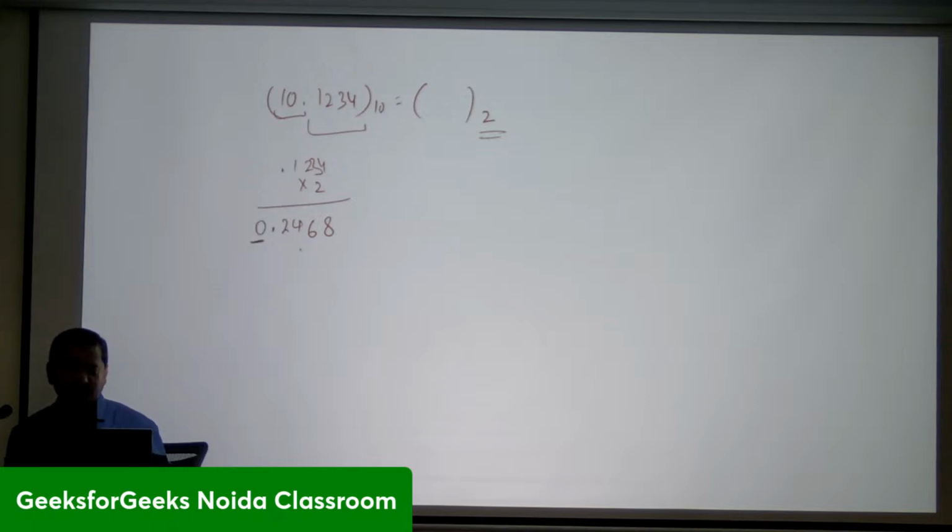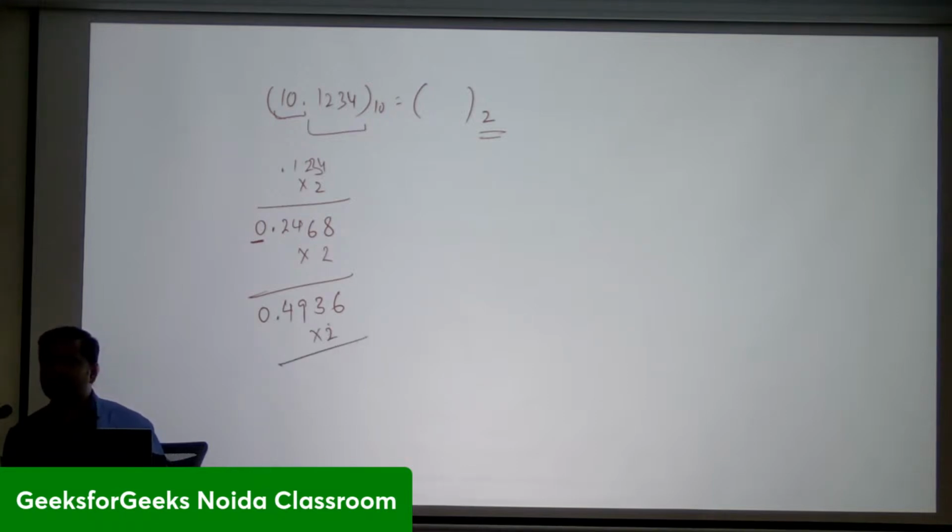Okay. Again multiply it with 2, that is going to be 0.4936. All right. Repeat this particular process.